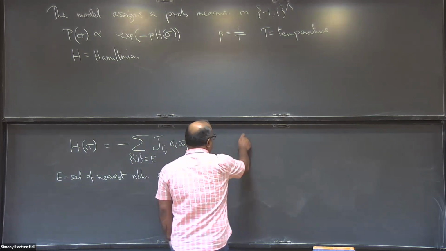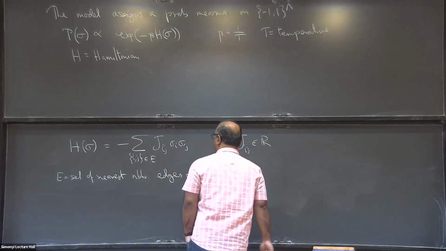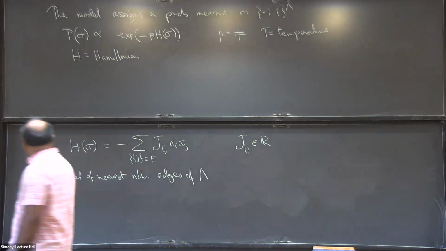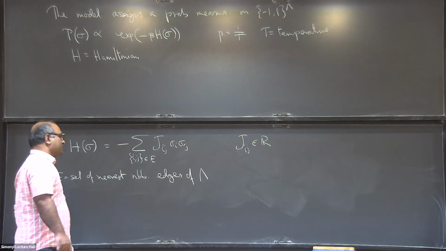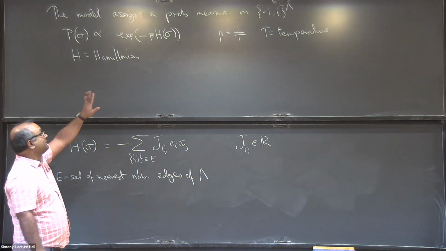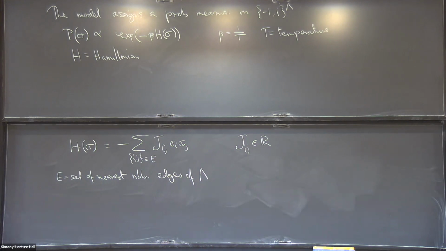I'll tell you where these numbers are coming from. There is a minus here and that's the usual physics convention. You put a minus here and a minus there, and the two minuses cancel out.